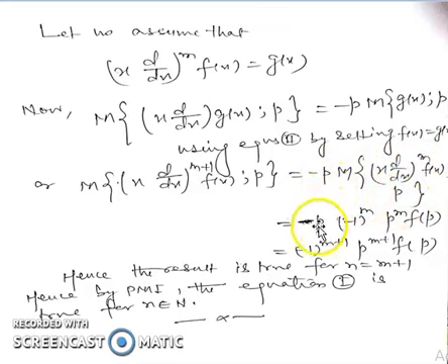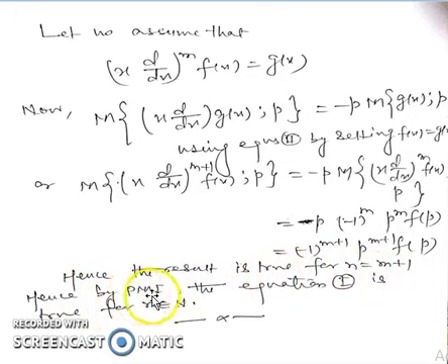So here p is as it is, minus 1 to the power m and p to the power m, this part f(p). So here is p to the power m, here is p, so it becomes p to the power m plus 1, minus 1 to the power m plus 1, p to the power m plus 1 f(p). This is the result. This is true for n equal to m plus 1.